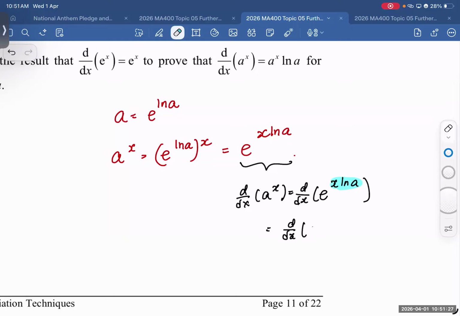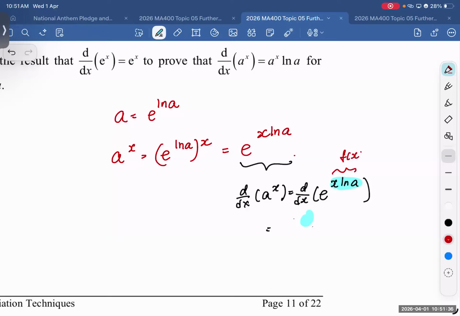What does this give you? If you treat this like f(x), it's a multiple of x. Now, what is ln a? If you differentiate x ln a, what does that give you? Ln a.